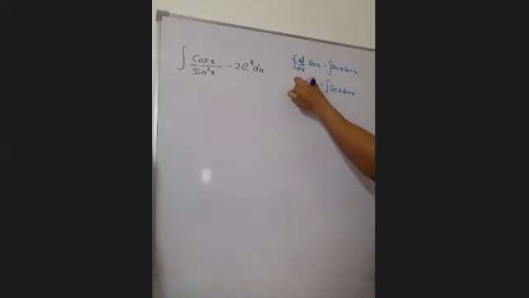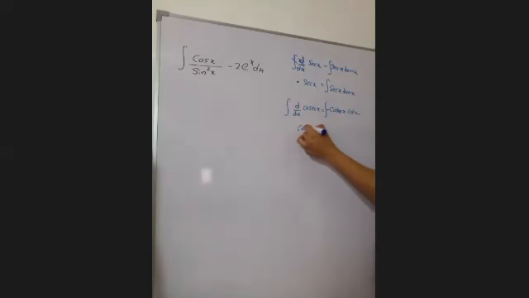Similarly, this is the next formula we should know. If you differentiate cosec x, what is the answer? That is minus cosec x cot x. Then I'll integrate both sides. What you get here is cosec x, and I can take the minus out, so this is cosec x cot x.